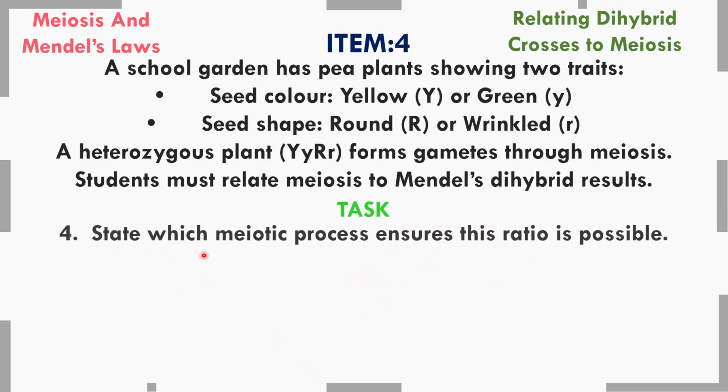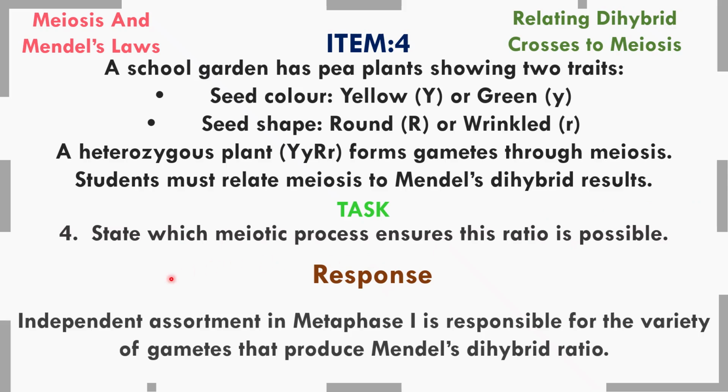State which meiotic process ensures this ratio is possible. Independent assortment in metaphase 1 is responsible for the variety of gametes that produce Mendel's dihybrid ratio.